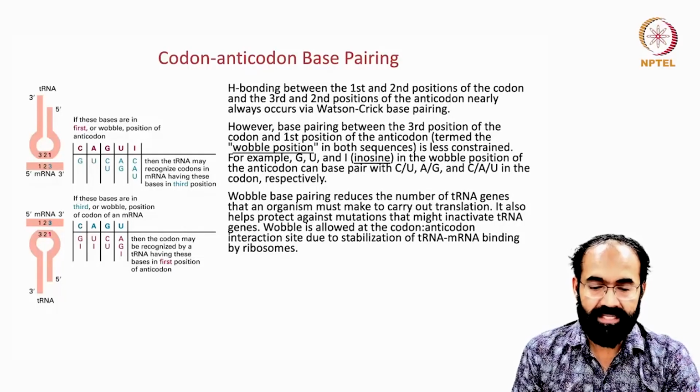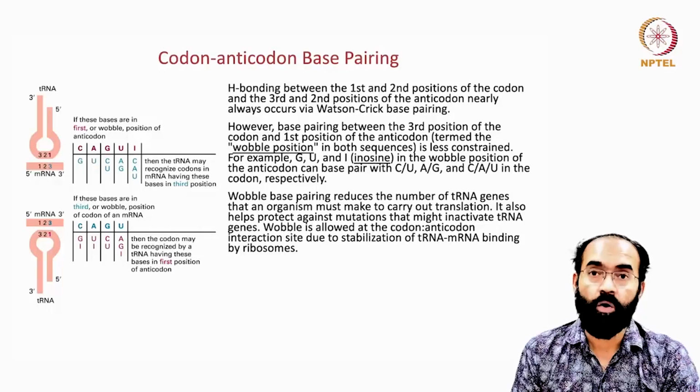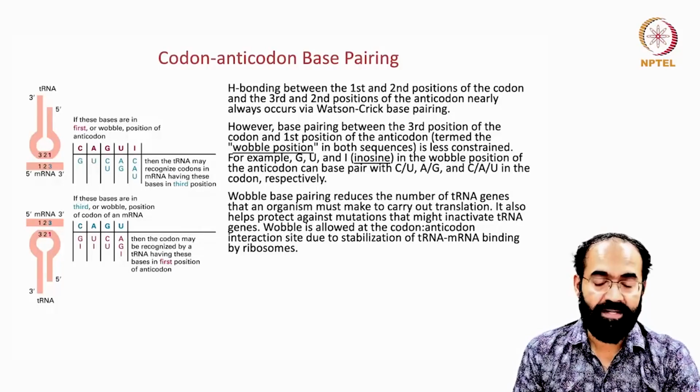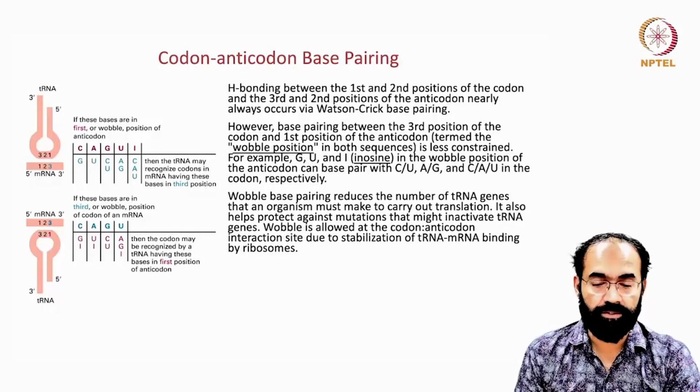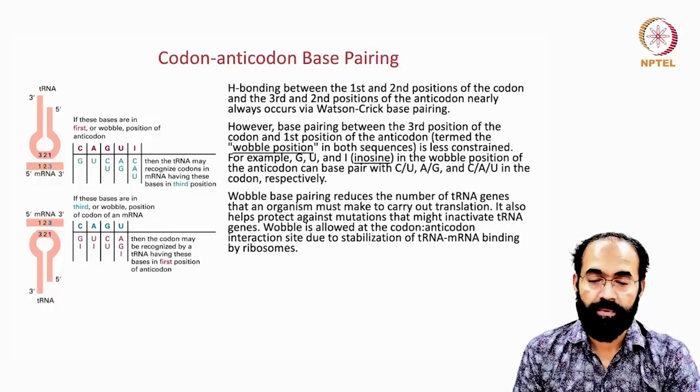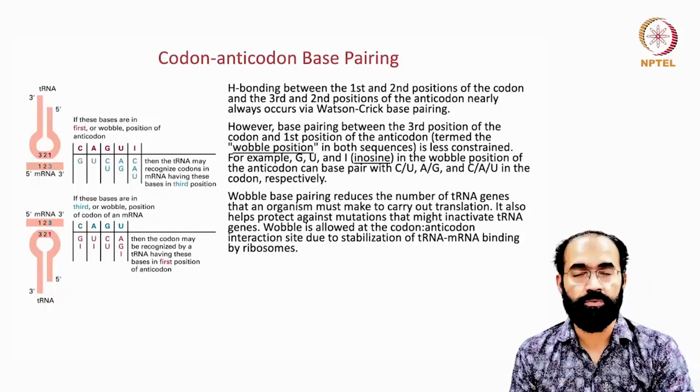That means G can pair with C or it can imperfectly pair with U, and in the same way, if U is there, it can pair with A, which is its normal pairing partner, and it can also weakly pair with G. And if I is present in the tRNA, it can allow pairing with C, A or U.